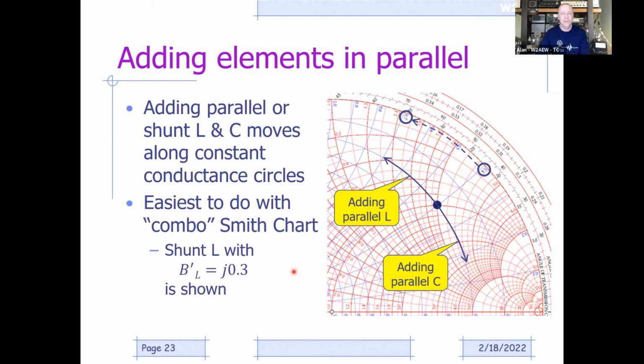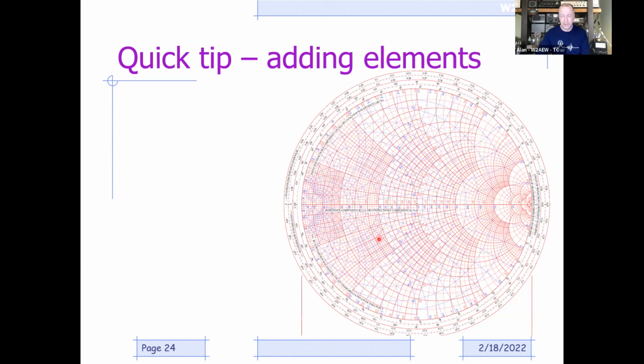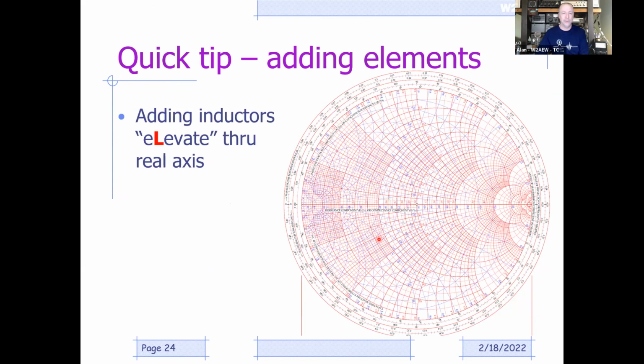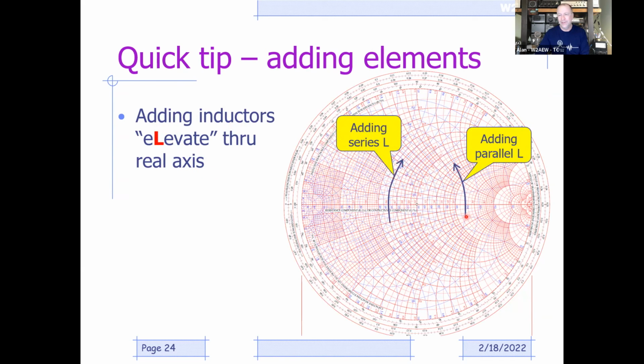Okay. So how do we remember which way we go with all these things? So here's my corny little quick tip on how to do this. When we're adding inductors, whether they're in series or in parallel, we're elevating through the real axis. Okay. So if we're adding a series inductor, we're going up through, and we're kind of going in this direction, where we cross the real axis.